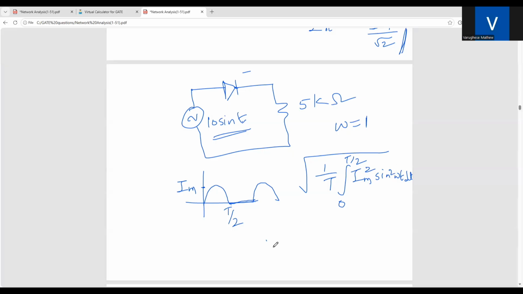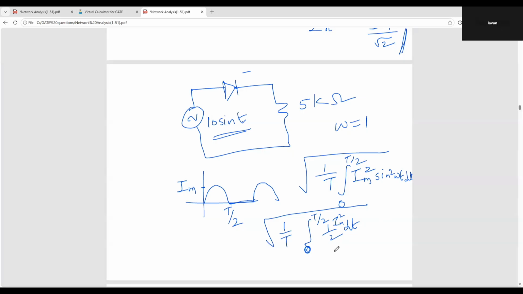So this will actually be root of 1 by T, integral 0 to T by 2, 1 by 2 dt, into Im squared. The second term I'm neglecting, because I already did it. Clear?